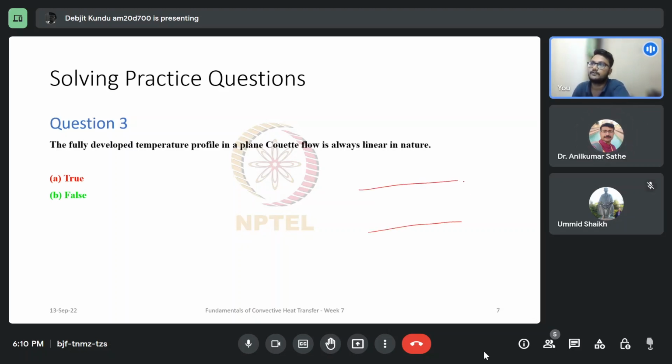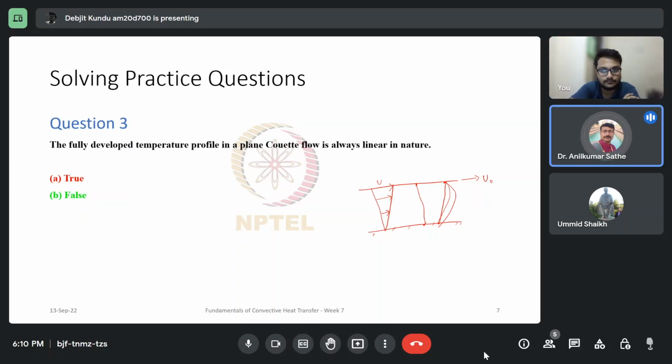If we have Couette flow where this plate is moving with some velocity u naught and this wall is stationary, the velocity profile is linear, of course, but the temperature profile does not have to be linear. It is linear only if there is no dissipation. If there is some dissipation, it could be a curve with a maxima anywhere, depending on whether the product of Prandtl number and Eckert number is less than 2, equal to 2, or greater than 2.